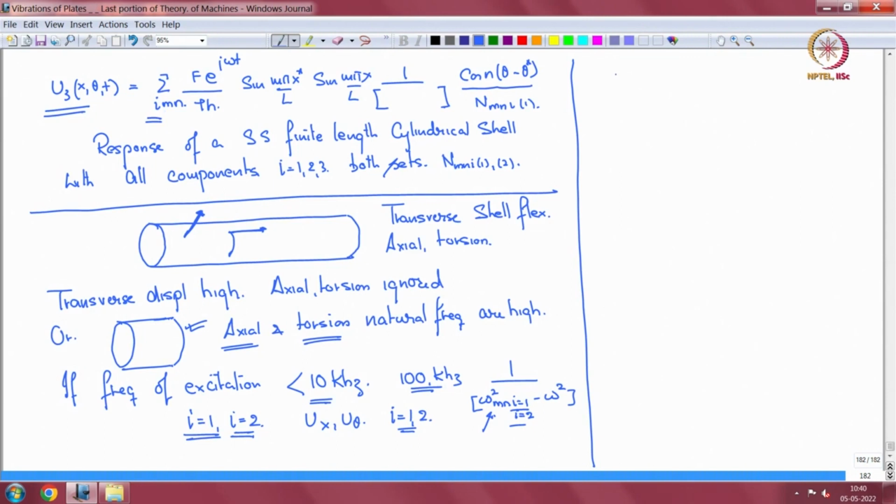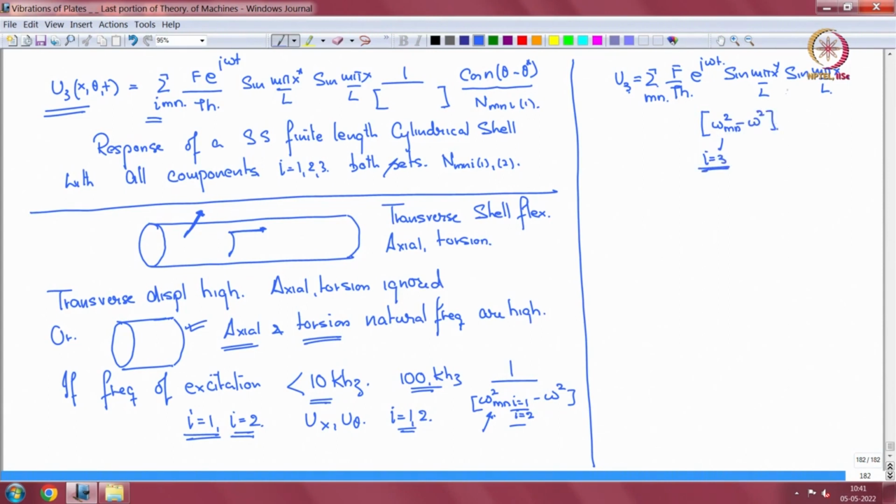So u3 will be equal to summation over mn only, of F mn by rho h, e to the power j omega t, sin m pi x star by L, sin m pi x by L. And then we have the frequency term, which is just omega mn square, where these are I equal to 3 frequencies, minus omega square.